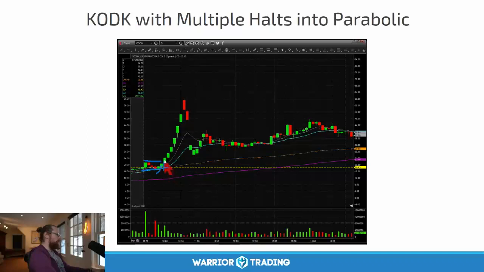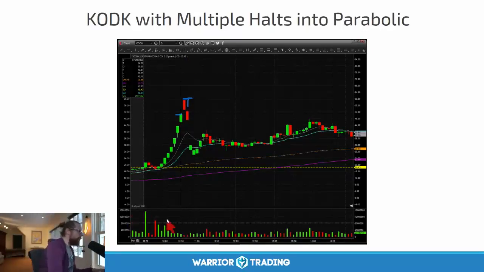Halt 1, halt 2, halt 3, halt 4, halt 5, halt 6, halt 7, halt 8 coming down. Now on this 7th halt right here, it halted at about $50, and it opened at 60 and then halted coming down. So that was the biggest gap. Notice how the gap's getting bigger and bigger as it starts to squeeze up.